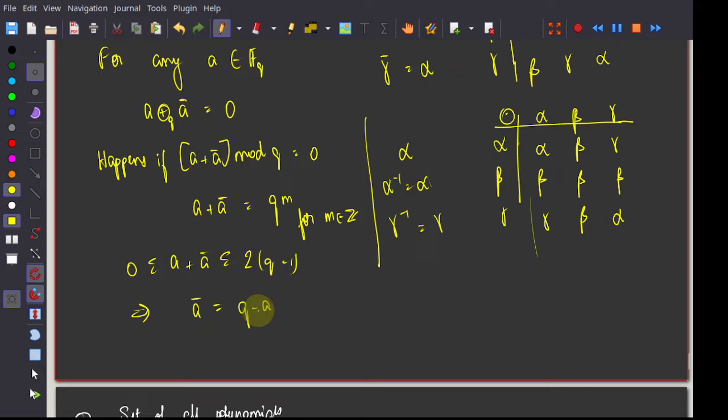What about A plus A bar mod Q? It will be 0. A plus A bar mod Q is going to be 0. So this is basically the additive identity.